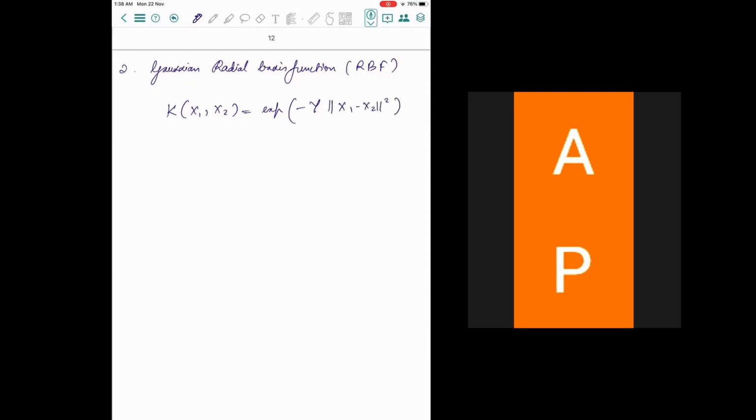An equivalent definition involves the parameter gamma, where gamma equals 1 by 2 sigma square, and we get the following equation.